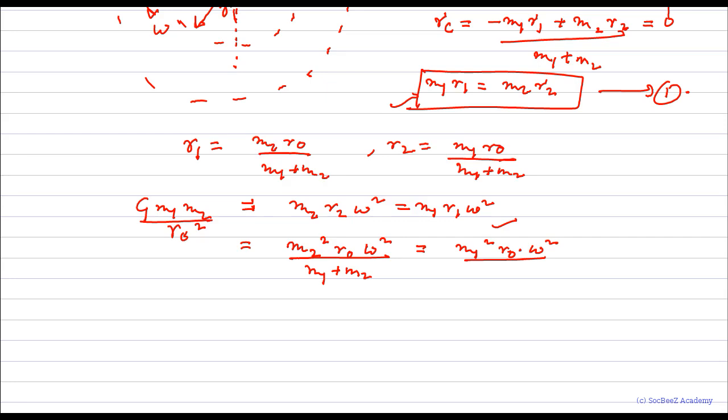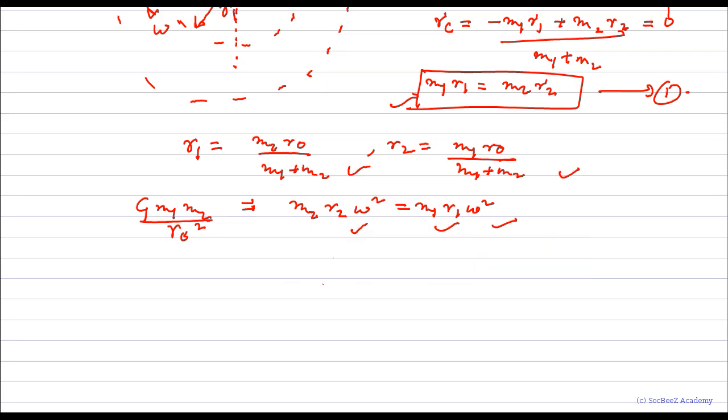Now if I put in these values of r1 and r2 in this expression, I'll get m2 m1 omega square upon m1 plus m2 on both the sides.